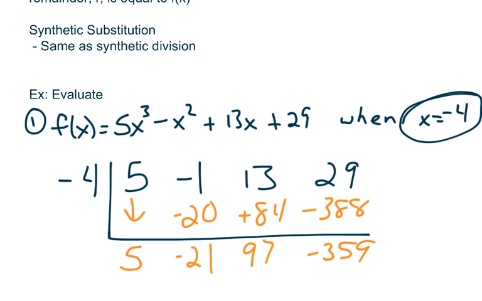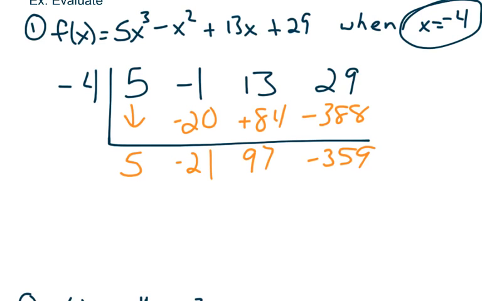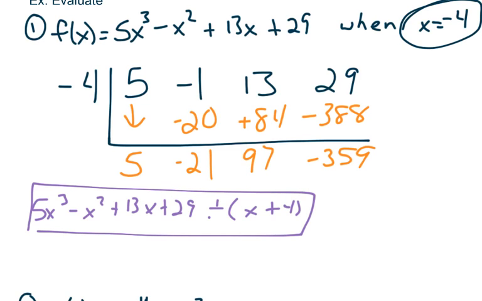So what the remainder theorem says is that if we were to divide 5x cubed minus x squared plus 13x plus 29 by x plus 4, the remainder, negative 359, is the same thing as f of negative 4. So f of negative 4 is equal to negative 359.